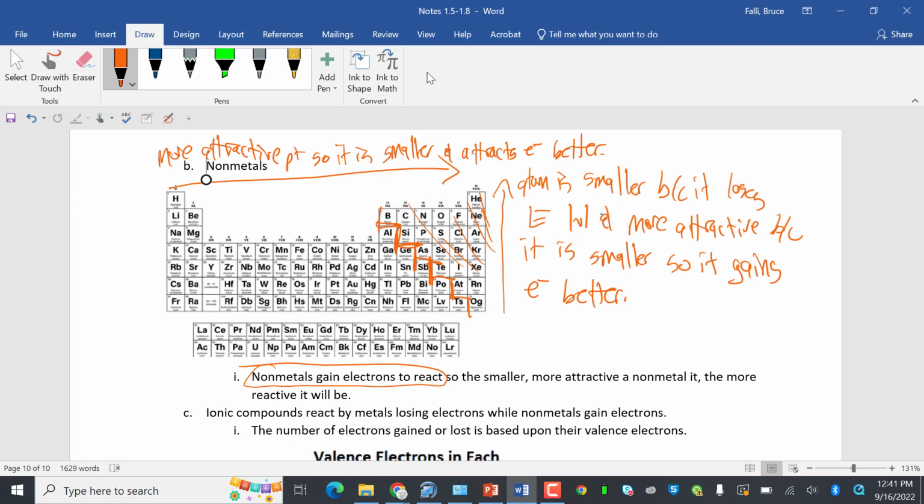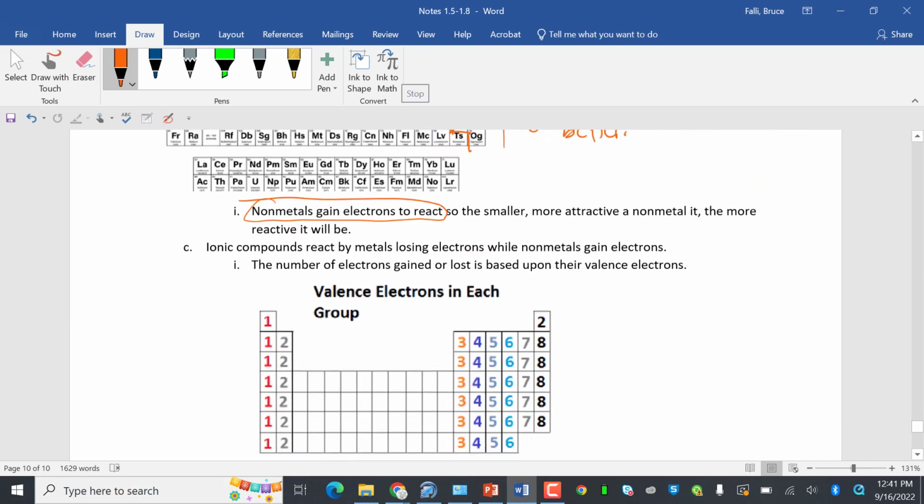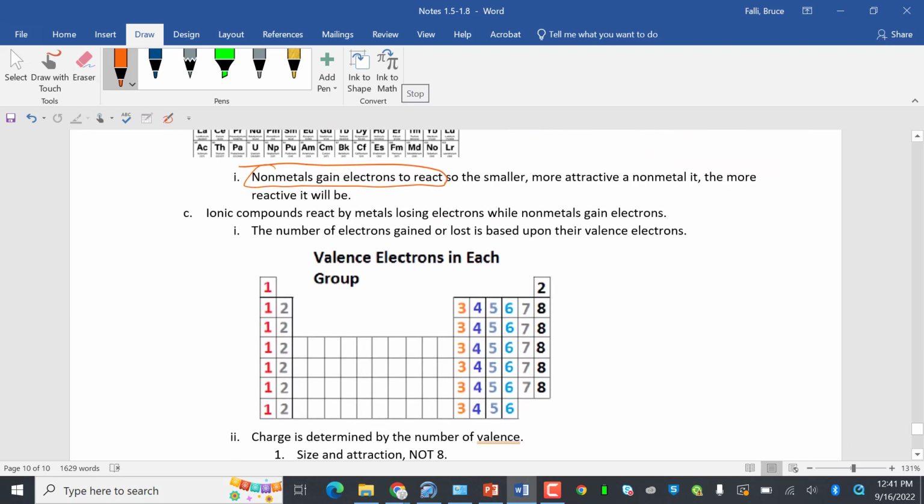Ionic compounds react by metals losing electrons while nonmetals gain electrons. The number of electrons gained or lost is based upon their valence electrons. So valence electrons in each group, by the way, everything here would be 2, 2, 2, 2, 2. So the D block all has 2 valence electrons. There are some exceptions, but they don't show up in the AP chemistry curriculum.